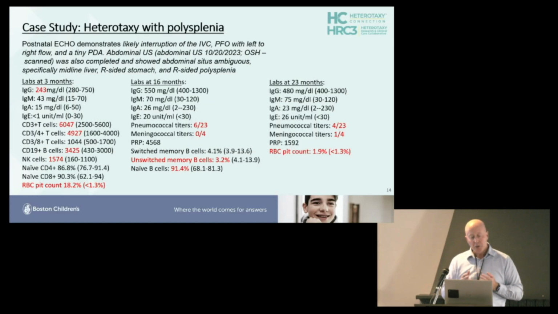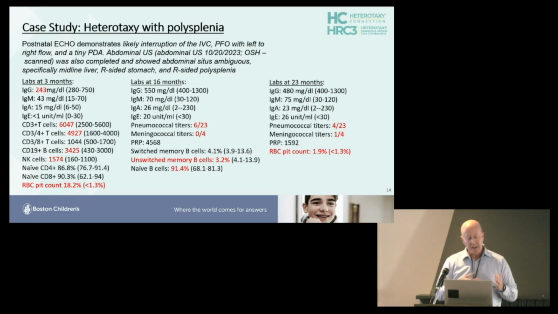So his initial evaluation at 3 months showed a mild hypogammaglobulinemia, and I will point out that around 3 to 4 months of age is the time of what we call the physiologic nadir for IgG levels. So that's the time in life where the maternal IgG that's transferred placentally is kind of diminishing, and then the baby's IgG production is starting to ramp up. So that's kind of a nadir for IgG level.